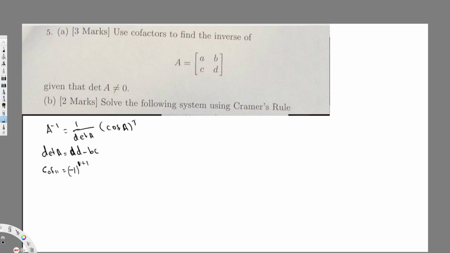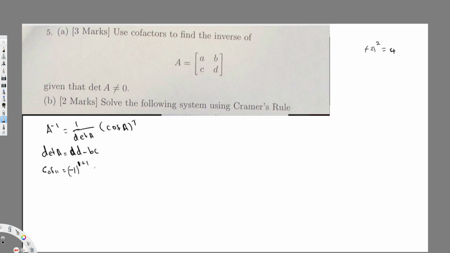Since the power is even, a negative number to an even power is positive. For example, negative 2 times negative 2 is equal to positive 4. Same thing, negative 1 to the power of 2 is positive 1.